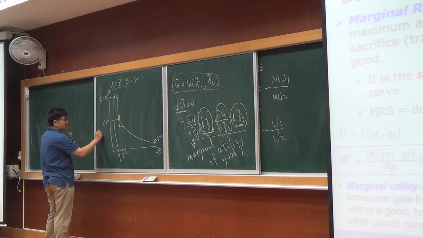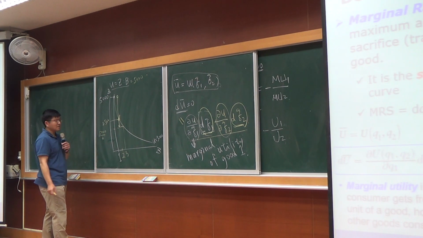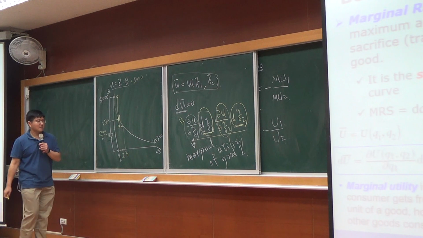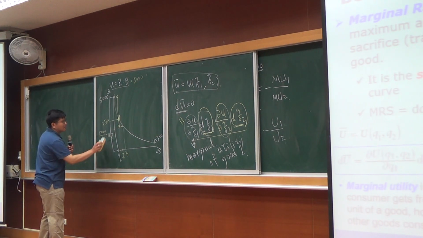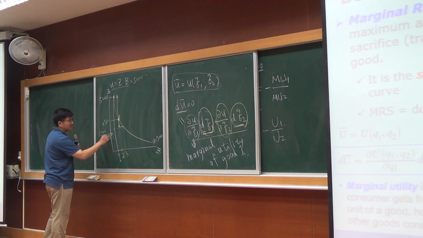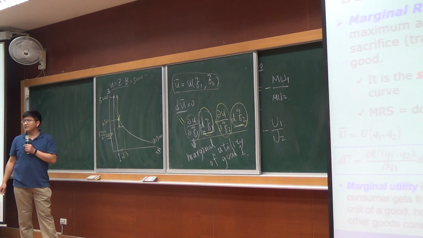So here, it would be 5,000 divided by 3 is about 1,667. Am I right?